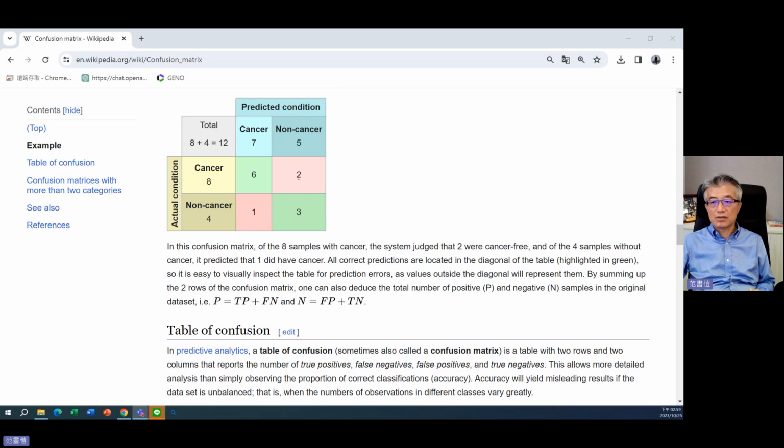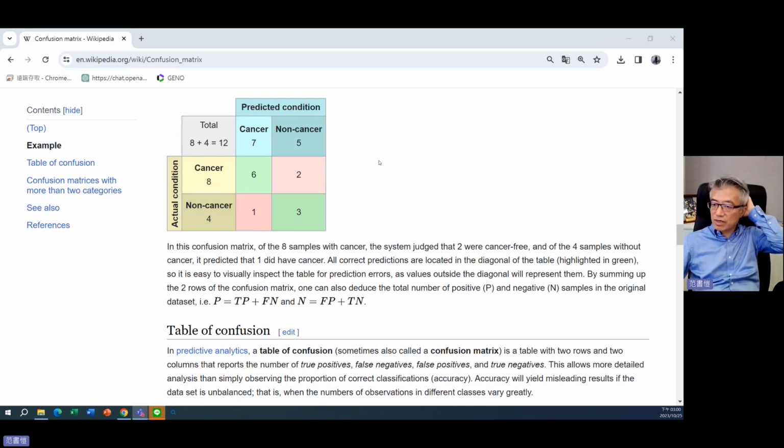However, among them, 2 are mistakenly identified as cancer-free. We have 4 cancer-free people in the group. Only 3 are correctly identified as cancer-free. Among them, one was mistakenly identified as having cancer, however he or she doesn't.